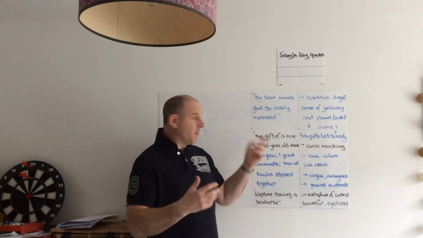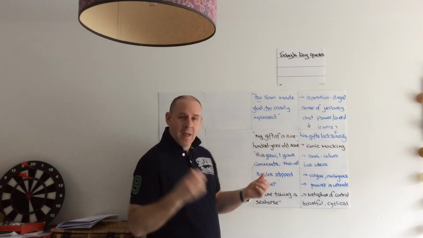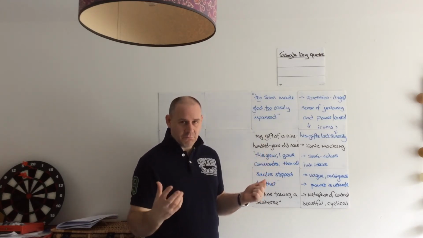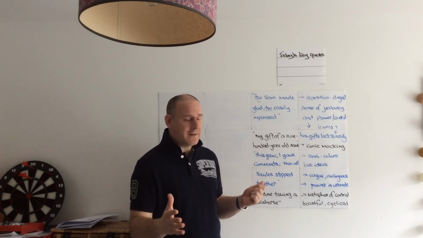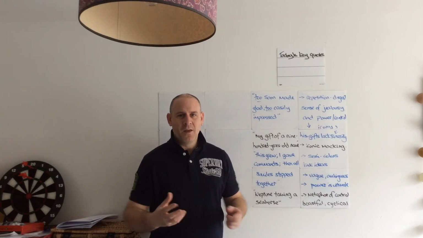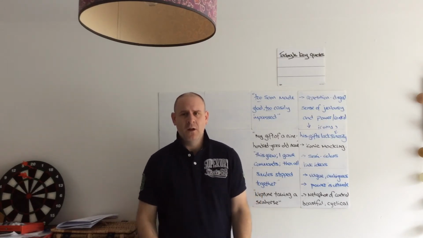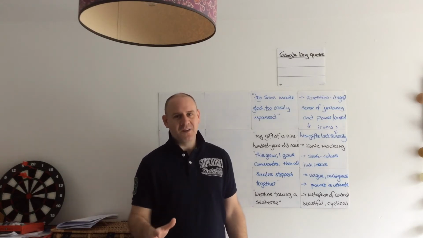"This grew." So this, as in all of her happiness and other things, this grew. "I gave commands." Okay, he stopped short of saying what he commanded. "Then all smiles stopped together." That's a logical conclusion. That whatever commands he's given, it has stopped all the smiling. Now, he might have told her, look, you've got to stop smiling, but we know she's dead.